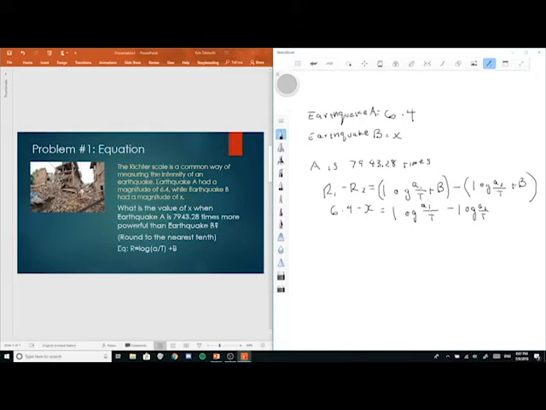Now, we can use the quotient rule and try to make this one function.